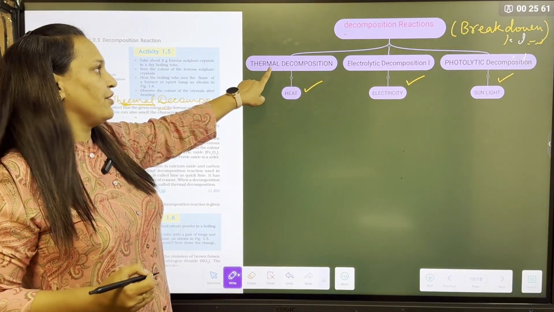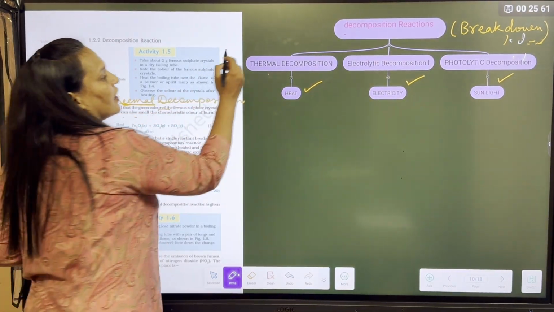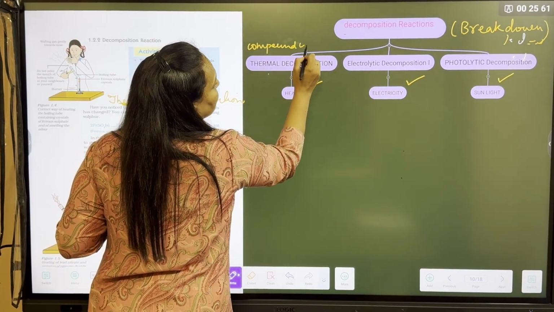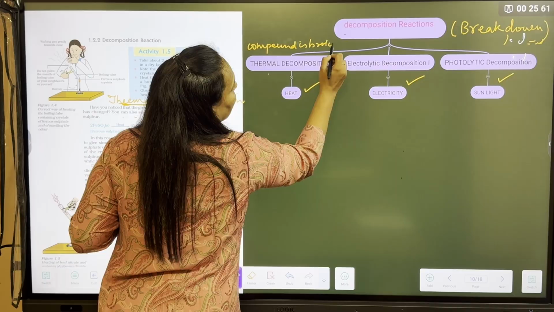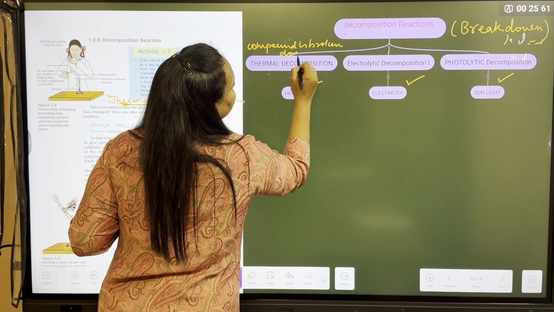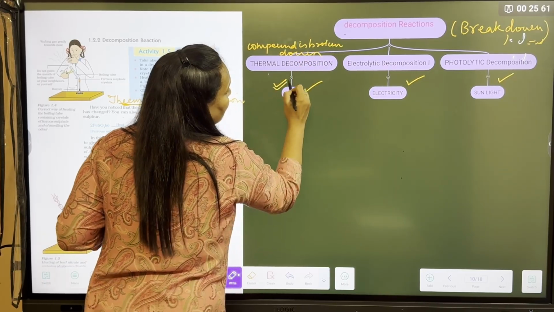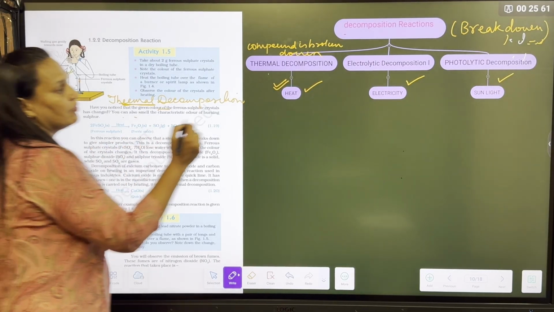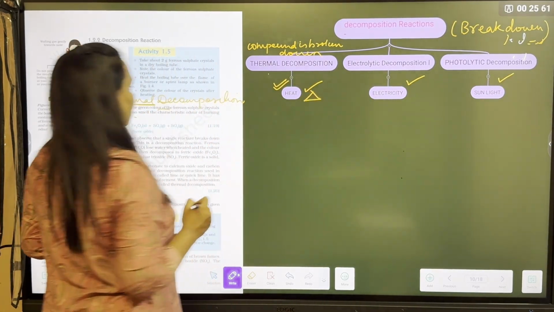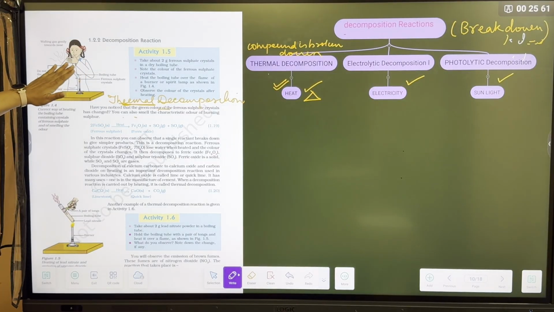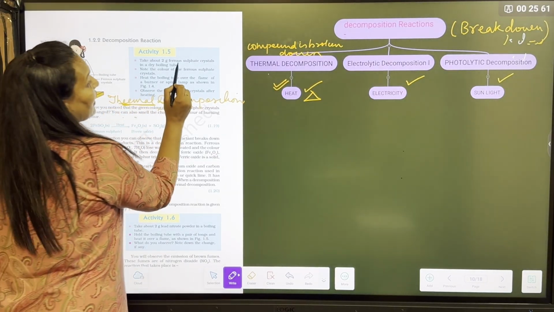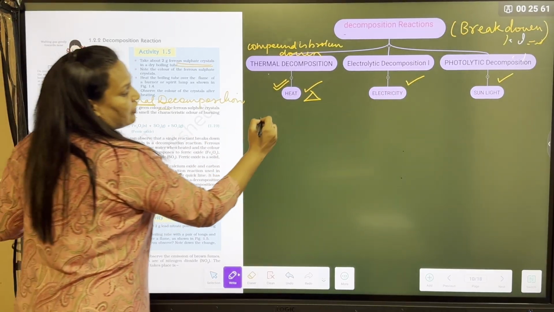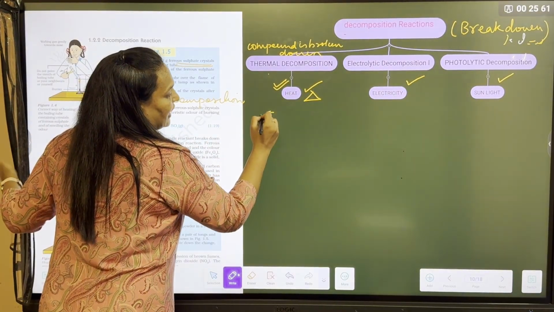Thermal decomposition reaction is one in which a compound is broken down with heat. So what is the symbol of heat? We put a triangle. So this is the activity where ferrous sulfate crystals are heated. What is the formula of ferrous sulfate? FeSO4.